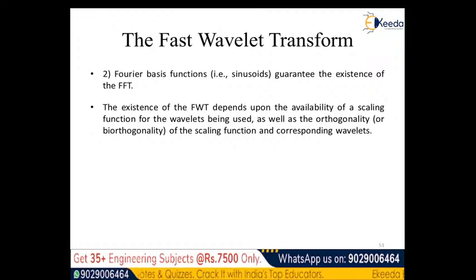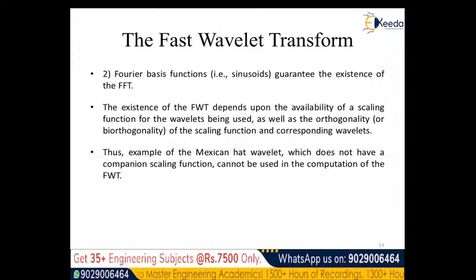For example, there are various types of wavelets in the family, it's a big family. If you take the Mexican hat wavelet, it does not have a companion scaling function, so it cannot be used in the computation of the fast wavelet transformation.